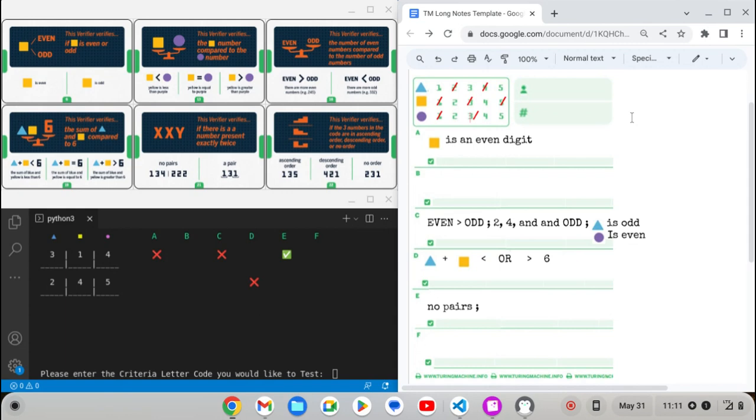Oops. All right, almost there. For some reason, my computer's lagging a little bit.